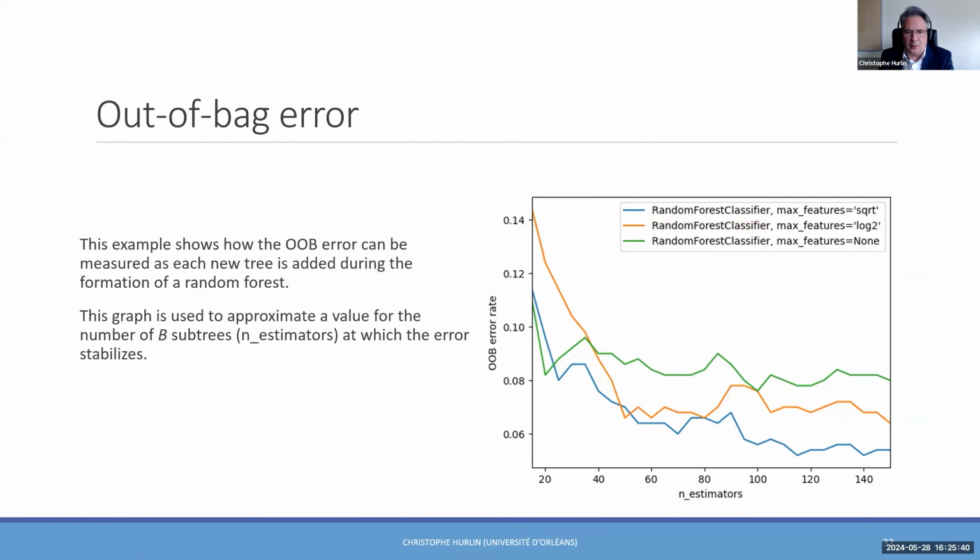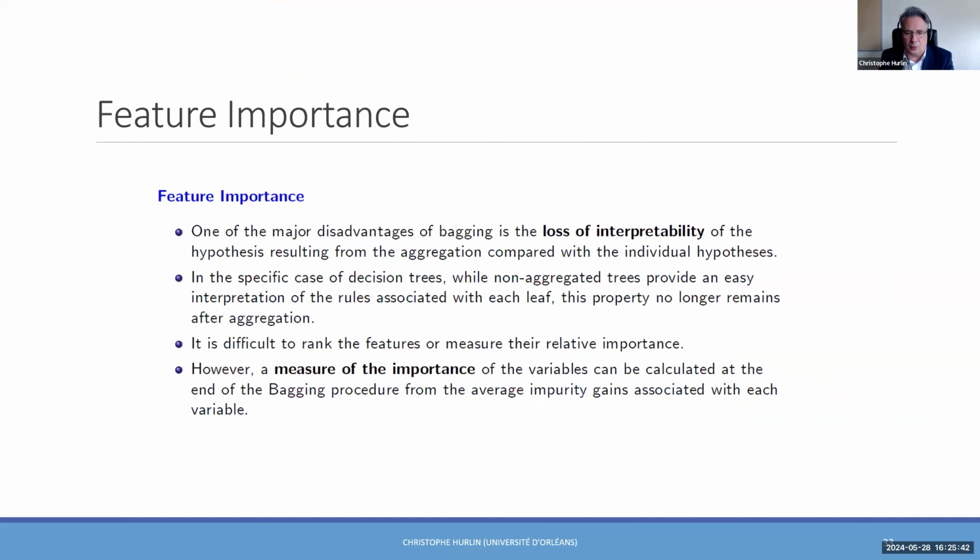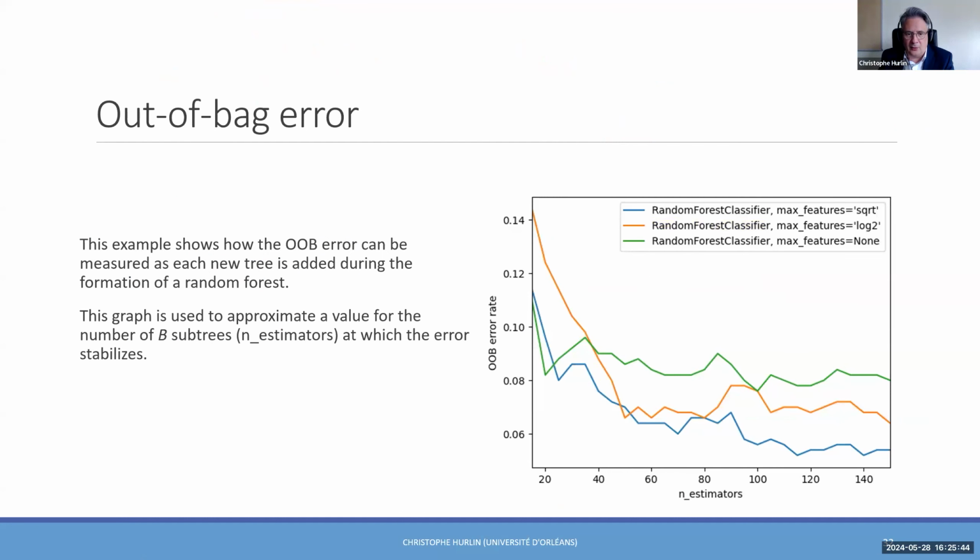We have three different random forest models here for the same data set, and for this one, it is true that we have to increase the number of bootstrap samples to approximately 110. So the optimal value will depend on how the max number of features was chosen. Yes, exactly, as a hyperparameter.